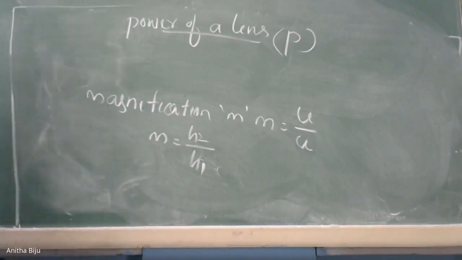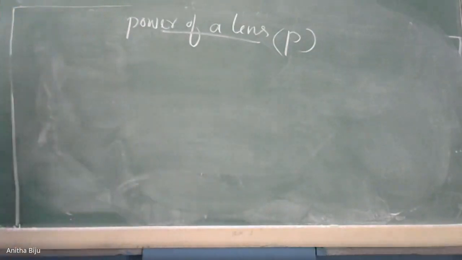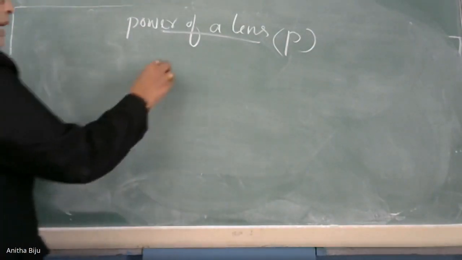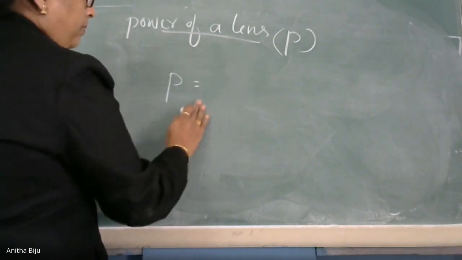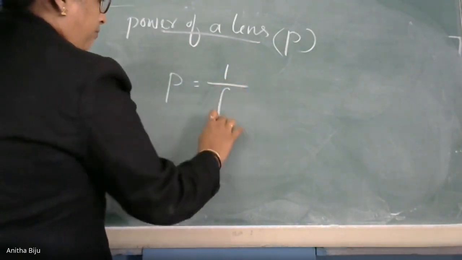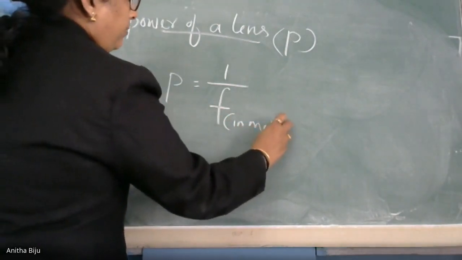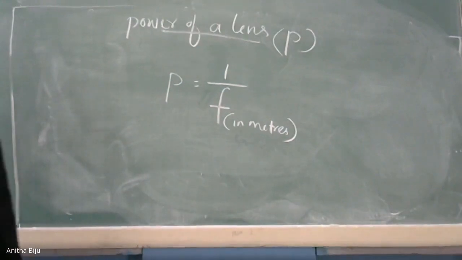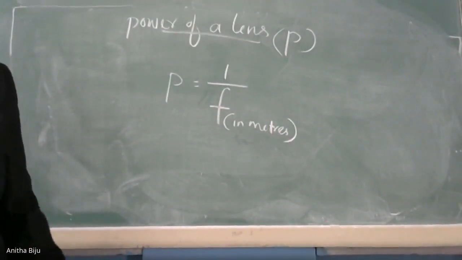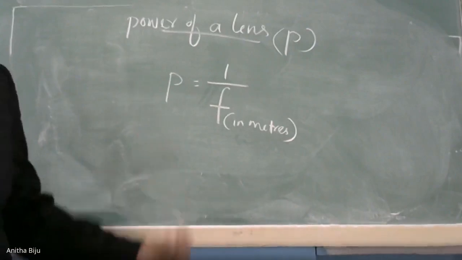Or in a simple way, we can write it as P is equal to 1 upon f. Here the focal length will be in meters. Then the reciprocal of focal length is called the power.